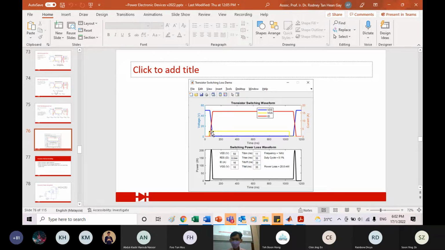You can see the voltage and the current. The voltage at this point multiplied by the current will cause two peaks. That is the power loss.